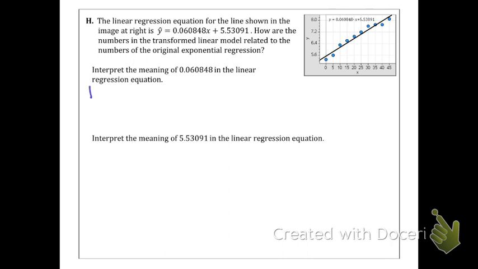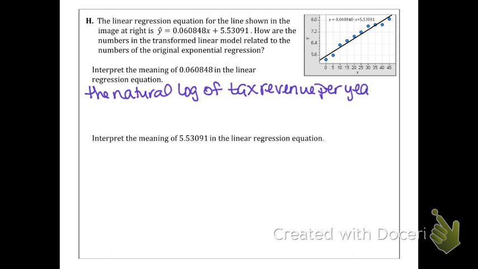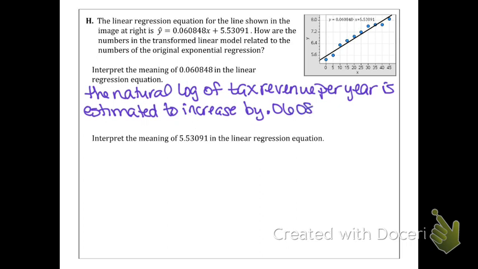So the natural log of tax revenue per year is estimated to increase by that 0.060848 billion dollars each year.